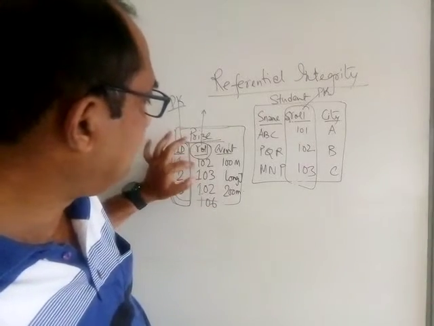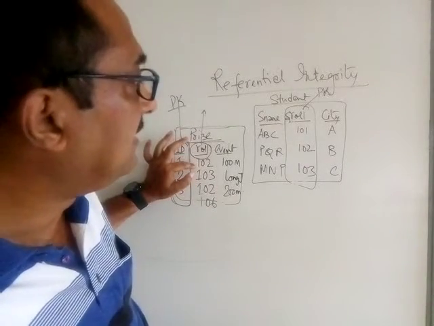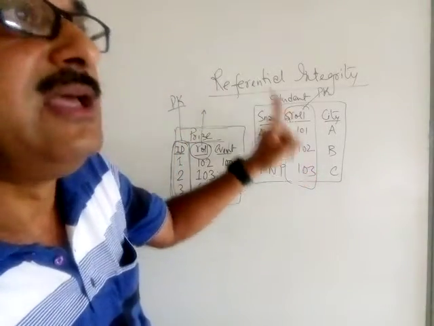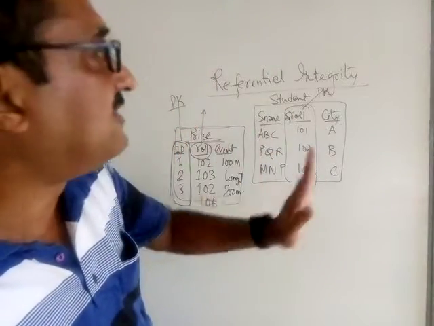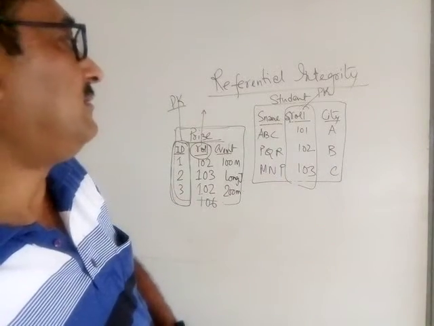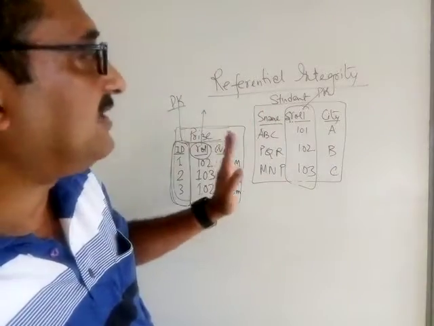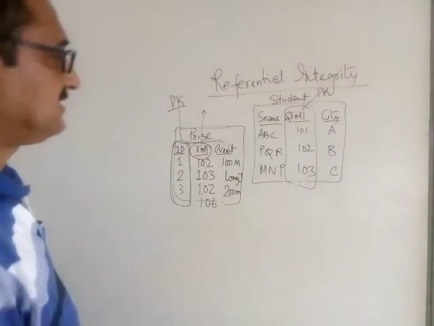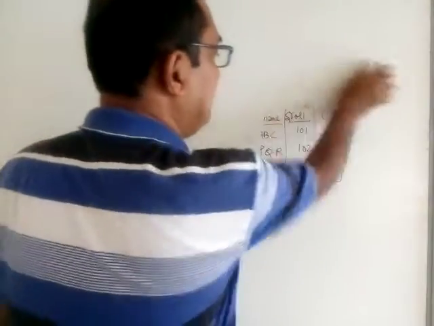If, for example, a roll number which is present here is not present in the other table where it is a primary key, we can say the referential integrity is not maintained. Now, how to create the relation and all, that part I will discuss later. This is the first topic which was left out from that lecture.